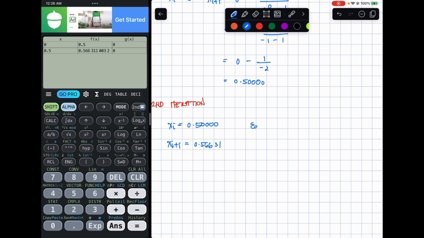Then my approximate error is 0.56631 minus 0.5 over 0.56631, times 100 percent.